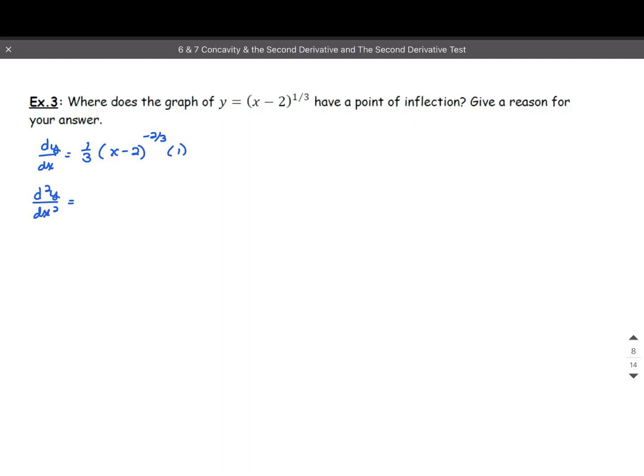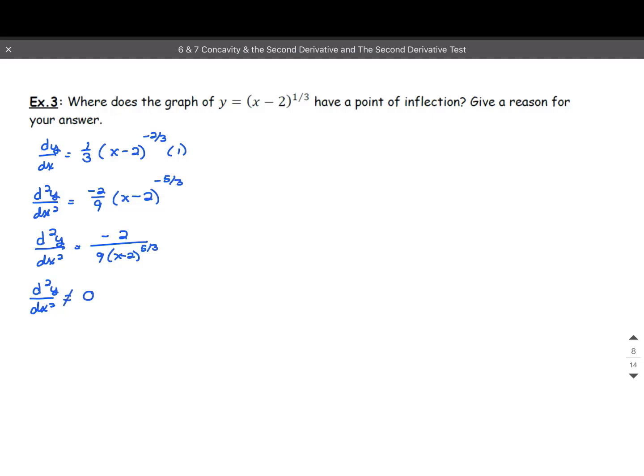So 1/3 times negative 2/3 is negative 2/9. Keep the inside. Our new exponent is negative 5/3. I'm going to rewrite this as negative 2 over 9 times x minus 2 to the 5/3. Now, if you look at this function, the numerator is negative 2.